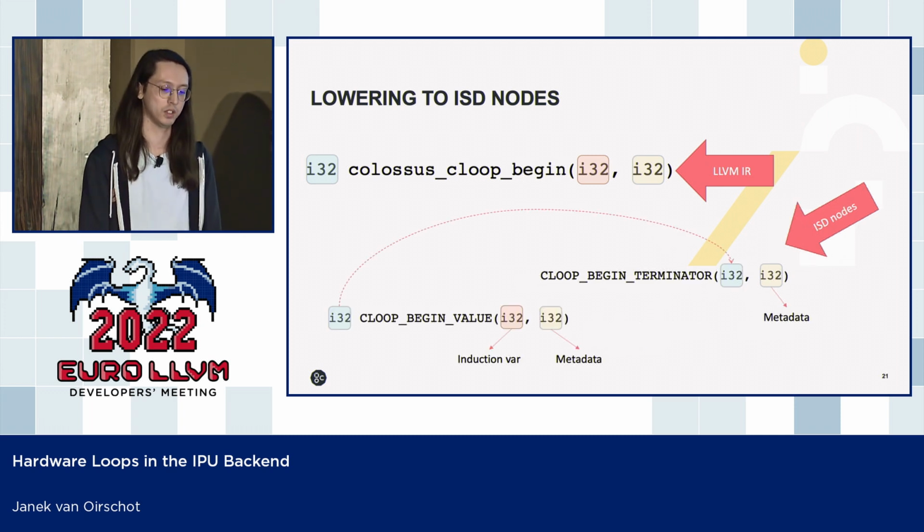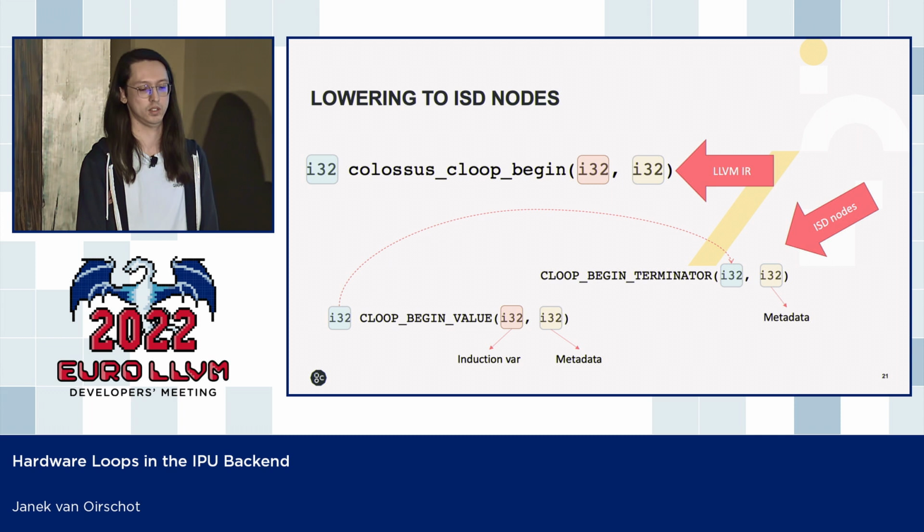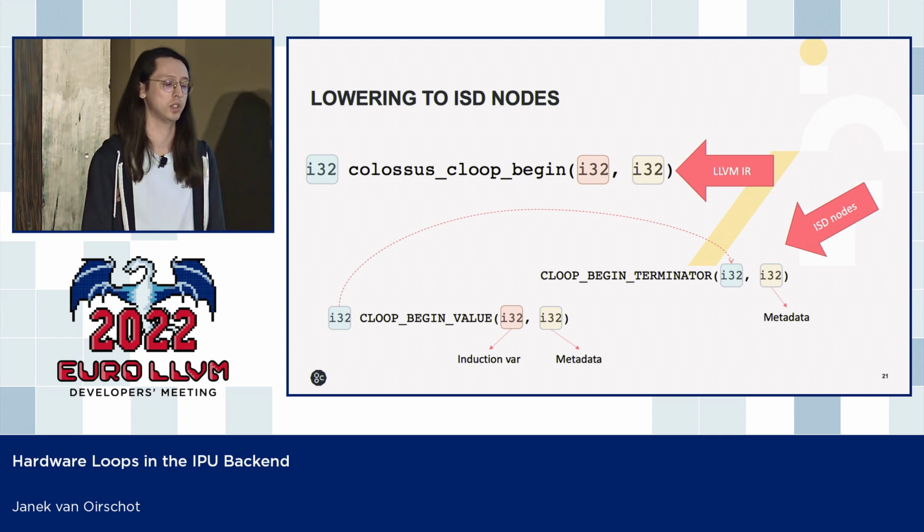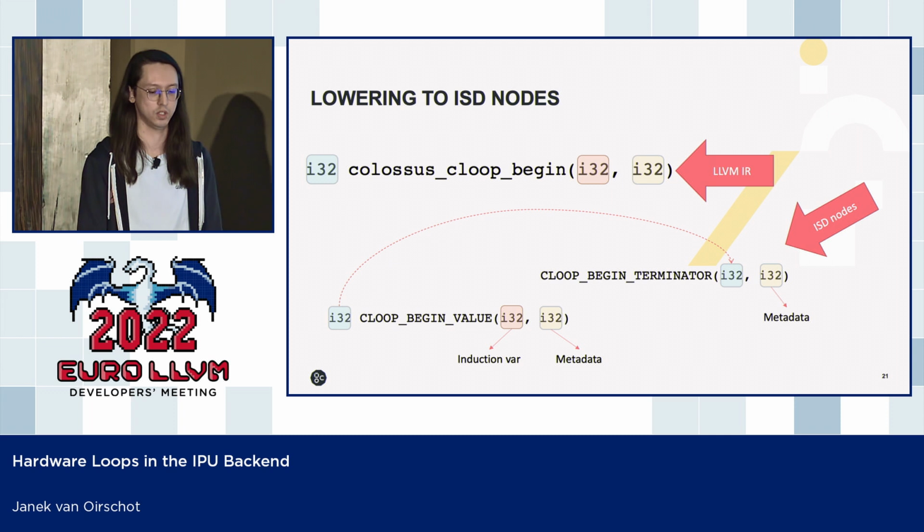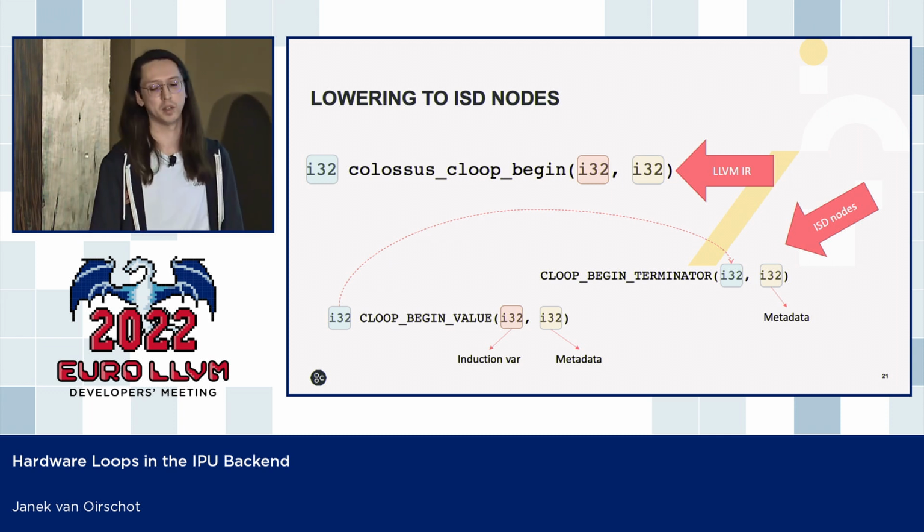And then we have the Colossus C loop begin, which gets expanded into two ISD nodes, one being a C loop begin value, which is basically one-to-one in terms of semantics. But in addition to that, we have the C loop begin terminator, which becomes the terminator of that basic block. So it's at the end.